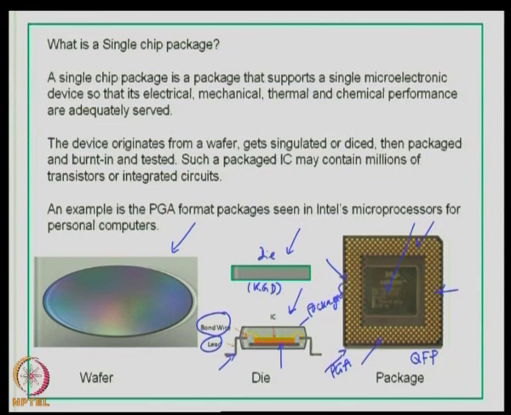So, for example, Intel's microprocessors recently have been in the format of pin grid array, PGA. So, here you can see the interconnections are in the form of pins. These are the pins which will get attached to your system level printed wiring board.